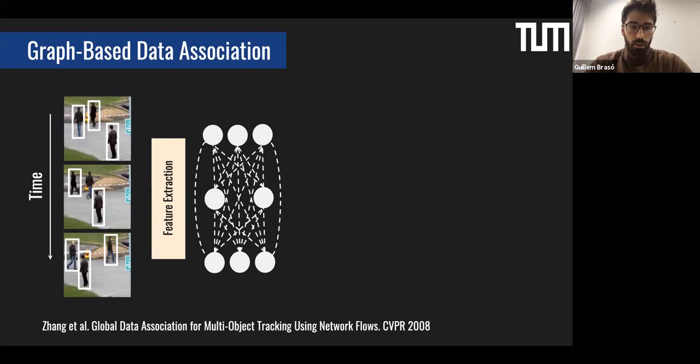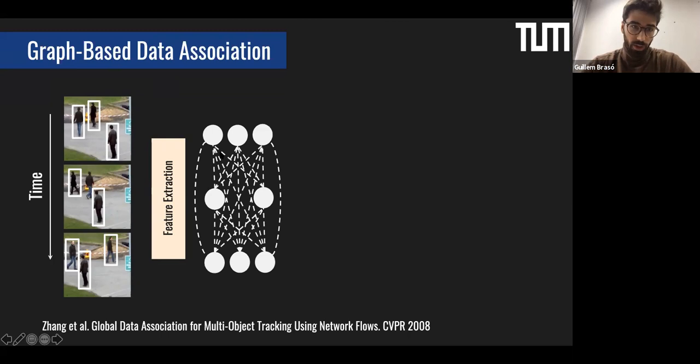In general, this process is subdivided into two steps. In the first step, we want to do some feature extraction on the appearance of boxes and also get some spatiotemporal features. For every possible connection in the graph, so for every edge, we want to assign it a cost. This cost represents how likely it is that two object detections belong to the same trajectory.